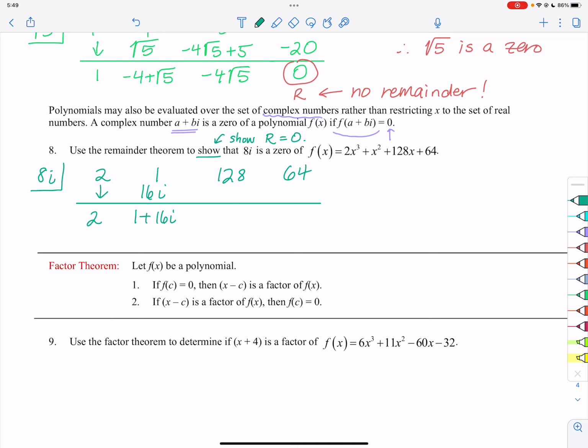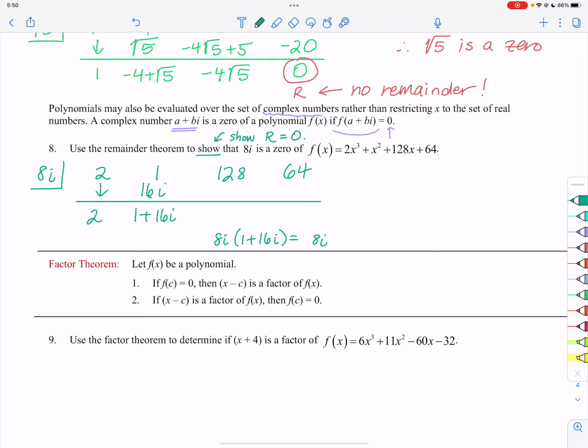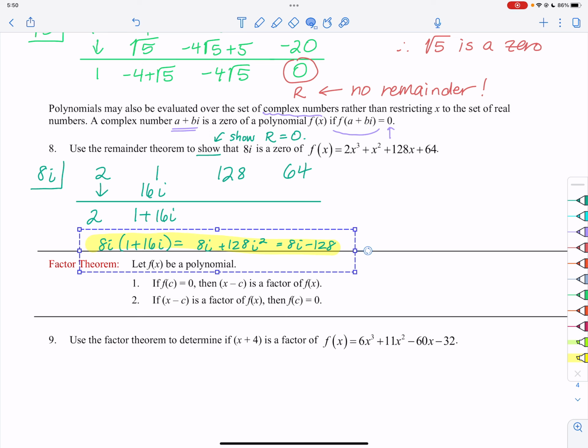So 8i multiplied by 1 plus 16i is equal to 8i plus 128i squared, which is 8i minus 128. So let me highlight this and move this over just so you have that in your notes.